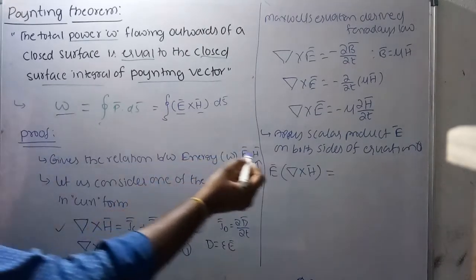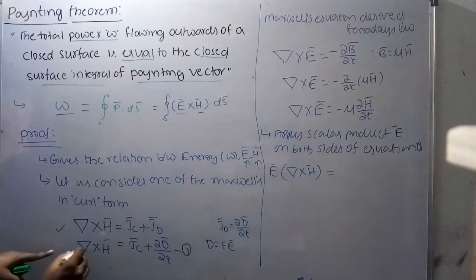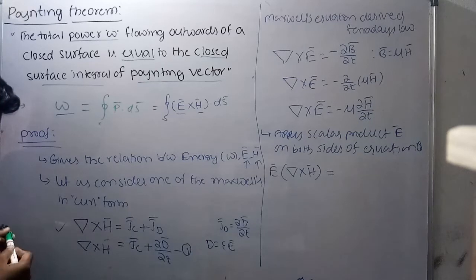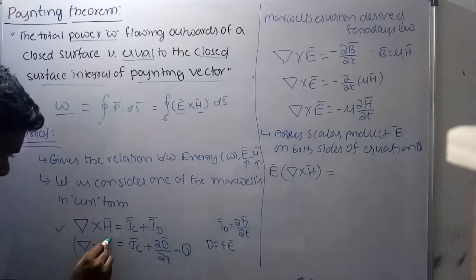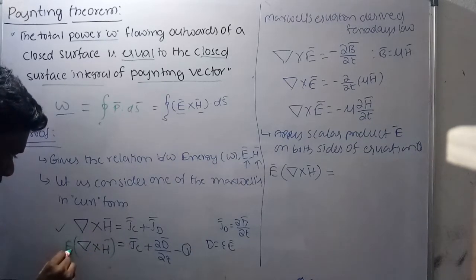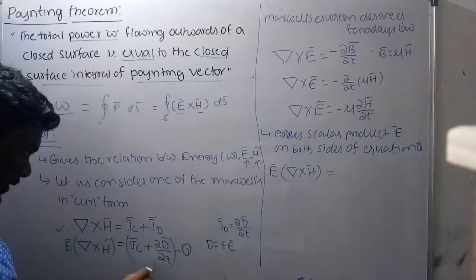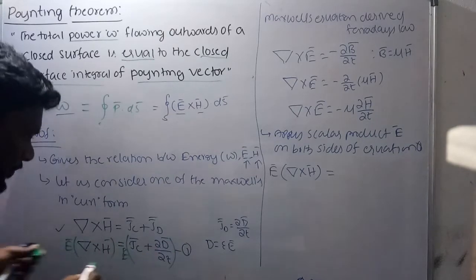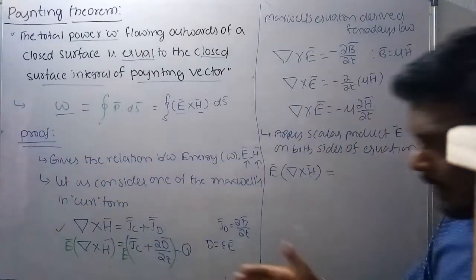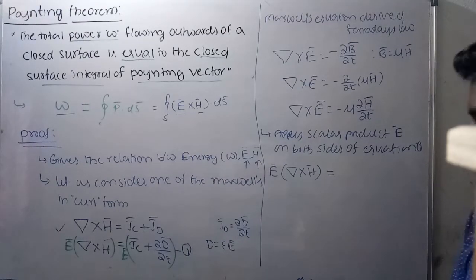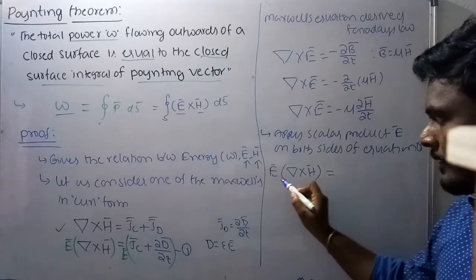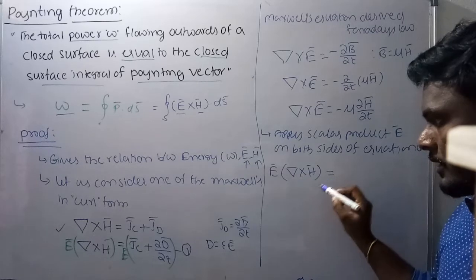Now applying scalar product to equation number 1 here. Just apply the scalar product on both sides of this equation, that means just multiply with E bar. The entire equation is multiplied with E bar. If you apply E bar to equation 1, the left-hand term is E bar dot del cross H bar.